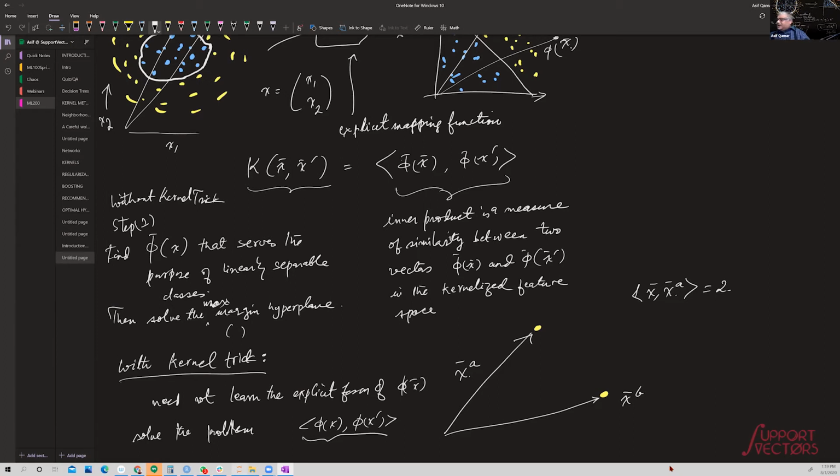Suppose the answer is somewhere along this line. I can find a lot of points perpendicular to, somehow you can find a lot of points that will satisfy this constraint, that the dot product is equal to 2.